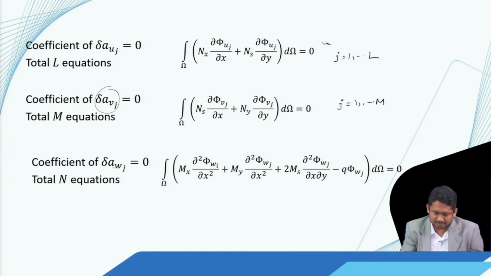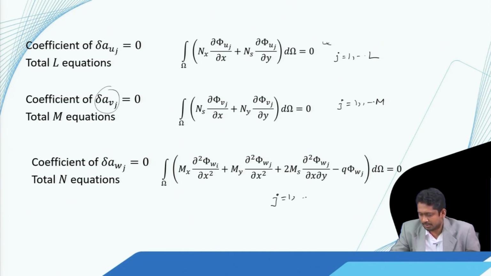Here the coefficient of delta a w j is equal to 0 and there are n such quantities, so there are n equations, j equal to 1 to n. With that we get this whole system of equations, so there are a total of L plus m plus n equations.